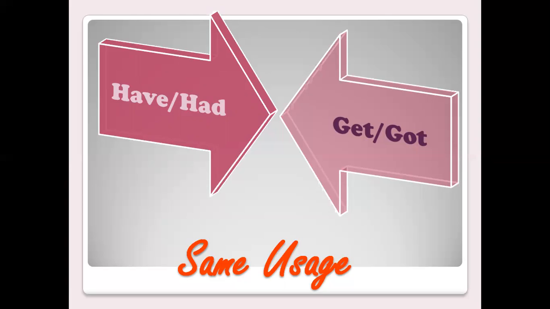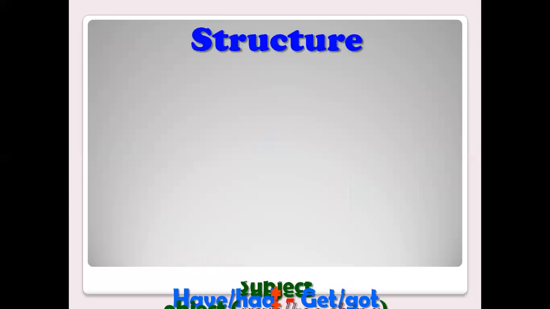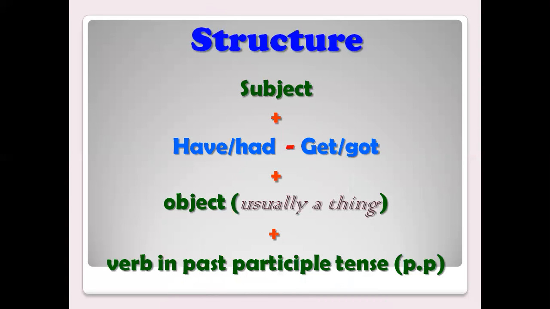So let's see the structure, or the form, of the sentences we mentioned before. We start with the subject, plus have, had, get or got, plus the object, which is usually a thing, plus the verb in the past participle. Let's elaborate on the two previous examples.